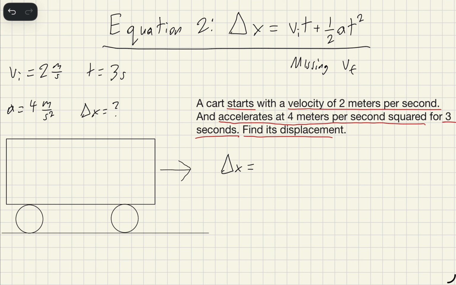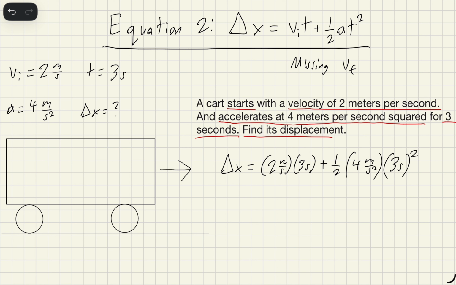So delta x now equals 2 meters per second for the initial velocity times 3 seconds for the time plus 1/2 times 4 meters per second squared for the acceleration, and then 3 seconds squared for the time.